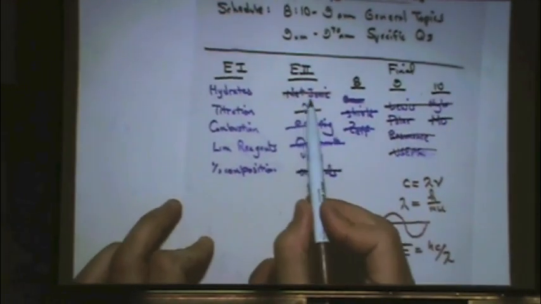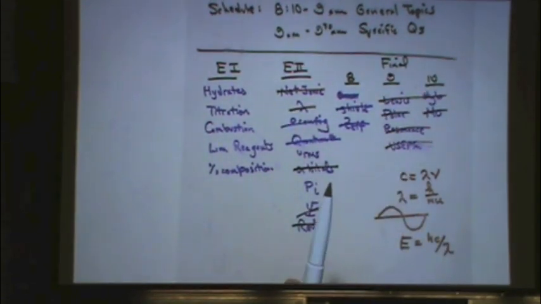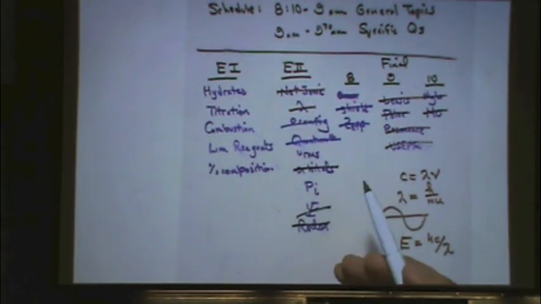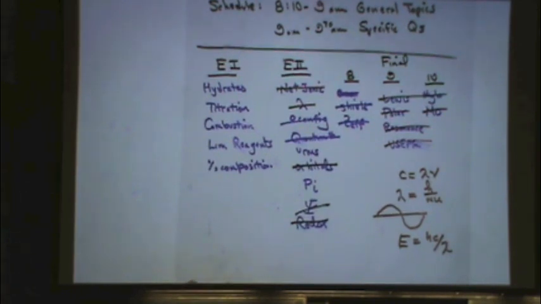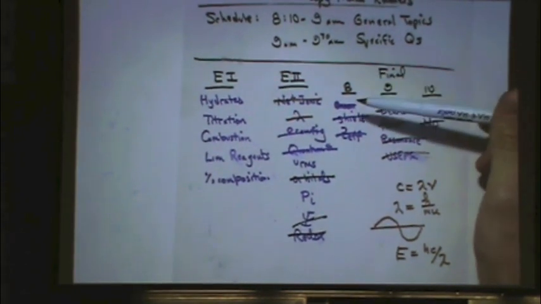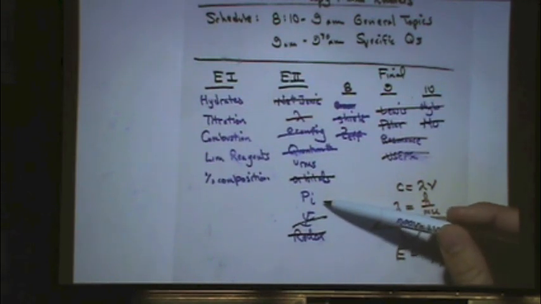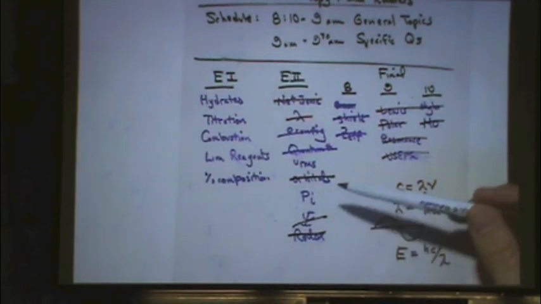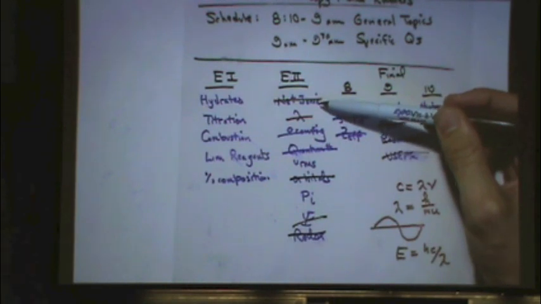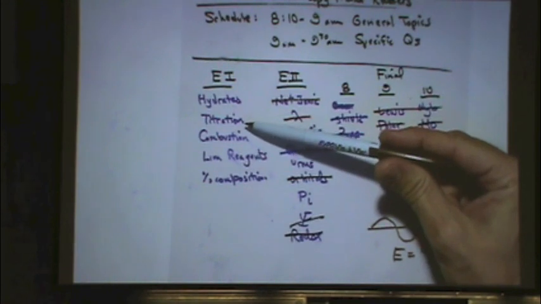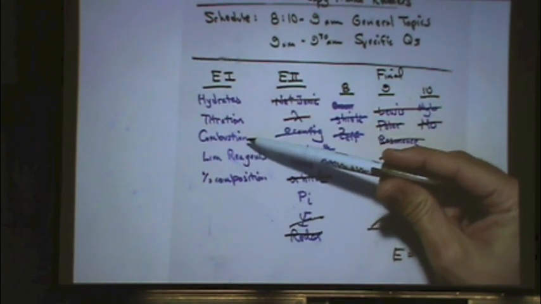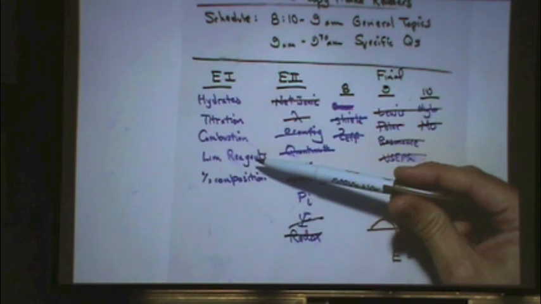Okay, I probably only have, oh, maybe I should ask you. I'm going to do one or two more subjects. Is there a preference on what I do? I don't have to do net ionic. Okay, you get to raise your hand. You can only vote twice. Who wants Dalton's law? Who wants net ionic? Oh my gosh. Okay, nobody cares. Who wants hydrates? Oh, you guys like hydrates. Titrations. Combustion. No. Limiting.